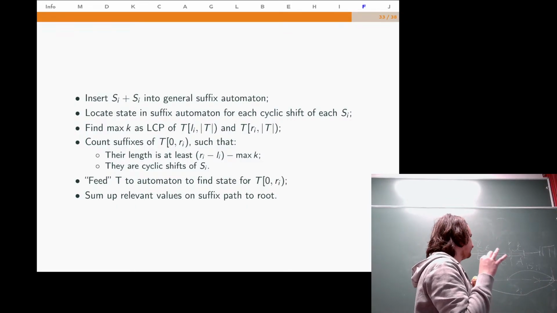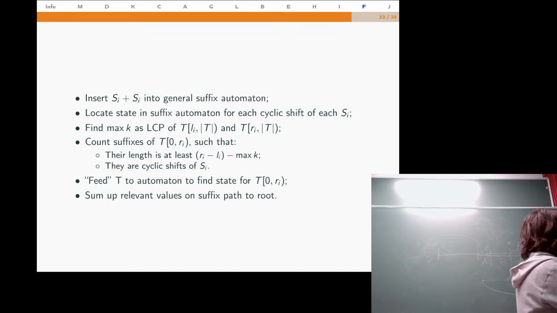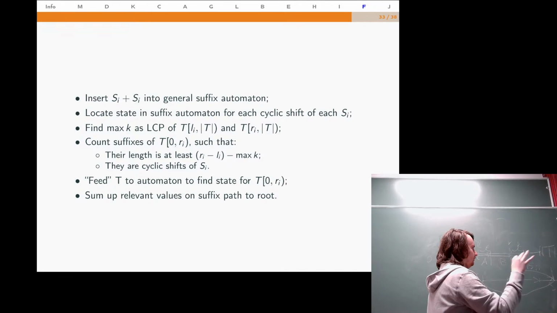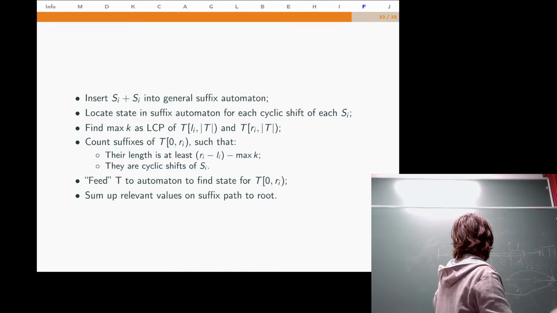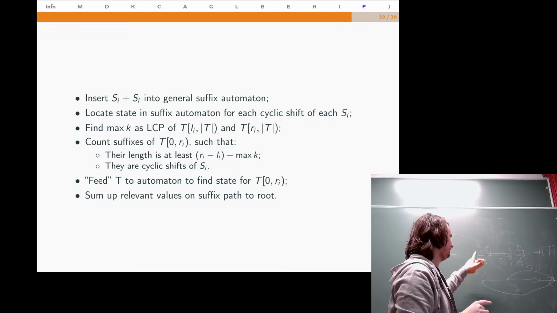So how do we use this? First of all, let's reason about this number k.